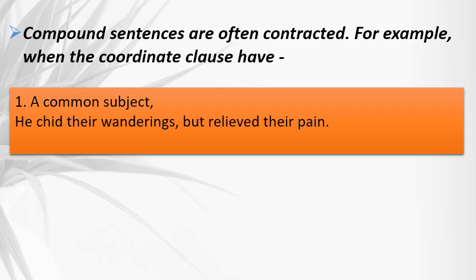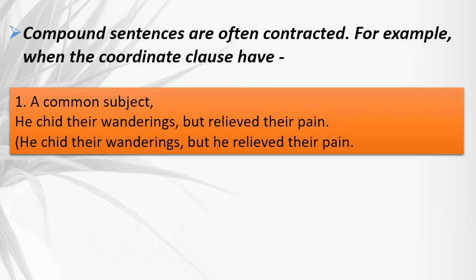So the same sentence can be written like this. He chid their wanderings, but he relieved their pain. To avoid the repetition of the same subject in the same sentence, we have removed one subject from the sentence to make it easier.